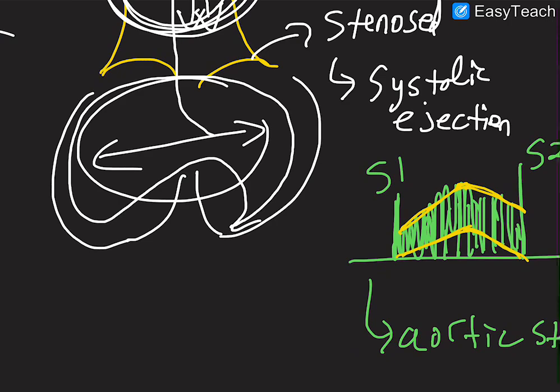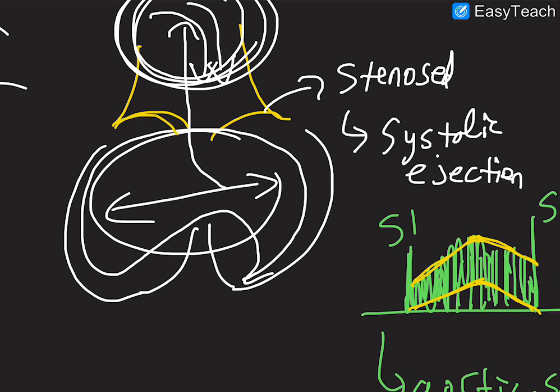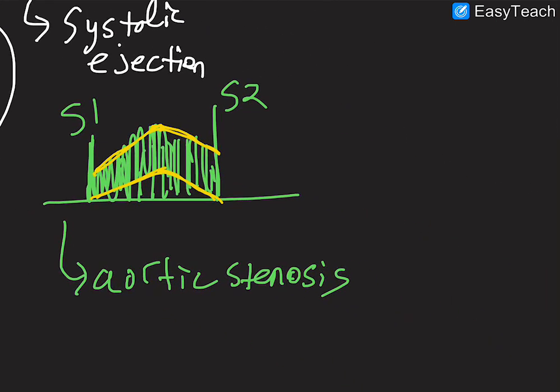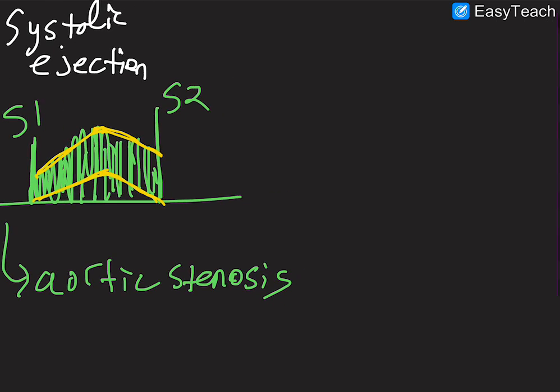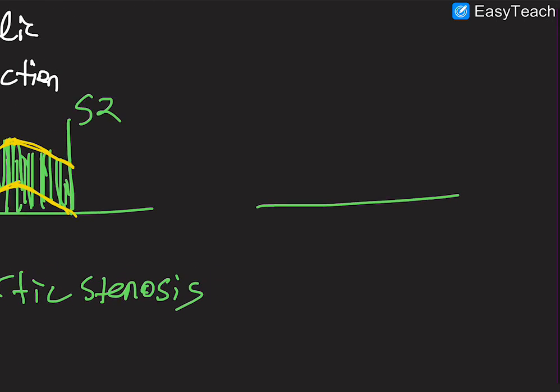But you can also have the opposite. This truncal valve could be leaky, so you can have truncal valve regurgitation, similar to aortic regurgitation. What do we hear in aortic regurgitation? We have that S1, and then we can draw our S2 line here.